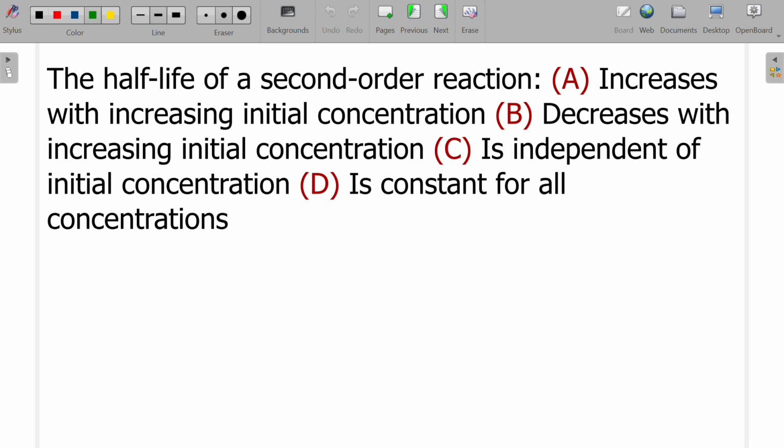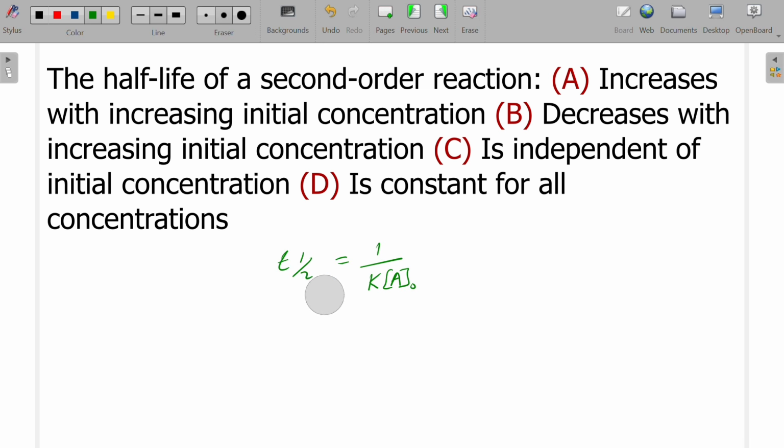The half-life of a second order reaction: increases with increasing initial concentration, decreases with increasing initial concentration, is independent of initial concentration, is constant for all concentrations. Now the half-life of second order is given by T half is equal to 1 over K multiplying by the concentration of A initially.